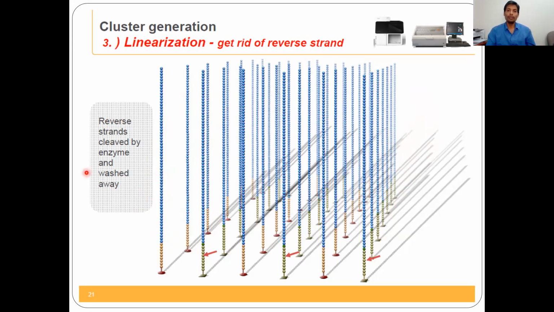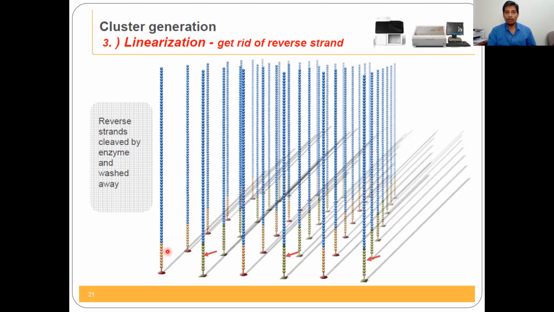Now, though this cluster is generated from a single original template, it has two kinds of DNA sequence.